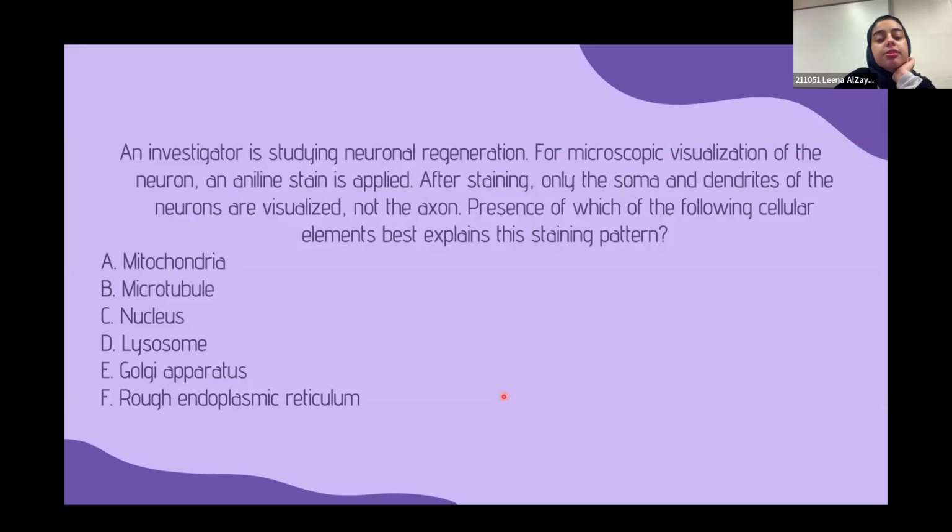An investigator is studying neural regeneration for microscope visualization, and a stain is applied. After staining, only the soma and dendrites are visible, not the axon. The presence of which of the following cellular elements best describes the staining pattern? Any other answers, guys?